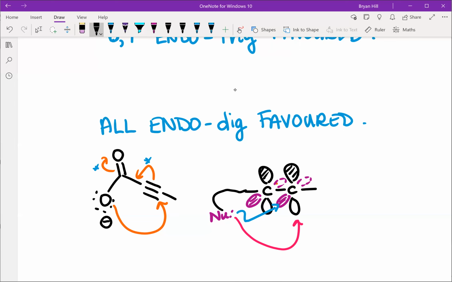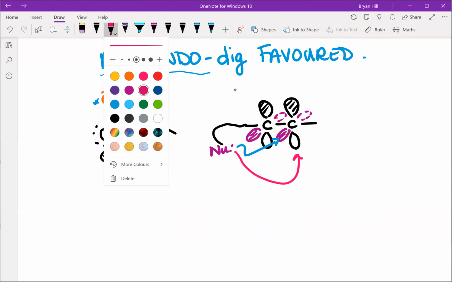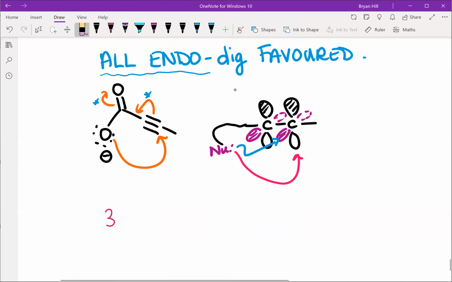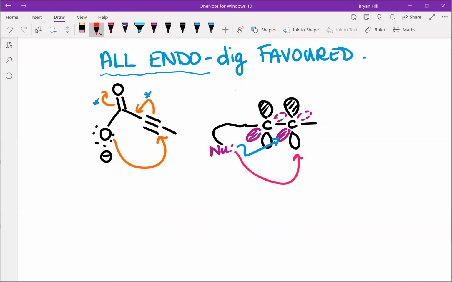So that's one of the interesting things, that these are all favored reactions. The 3 and 4 exo dig are disfavored.